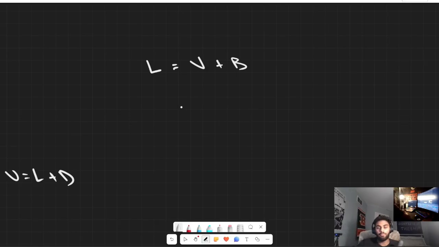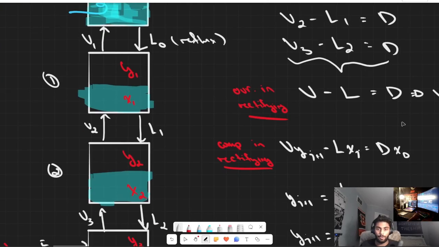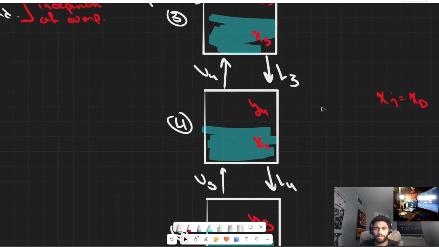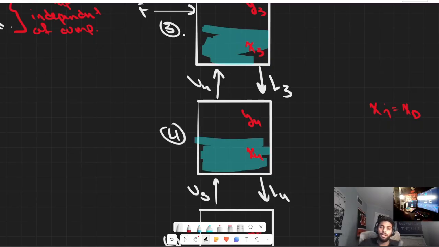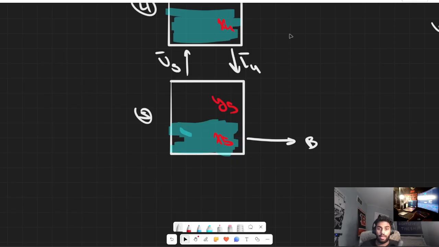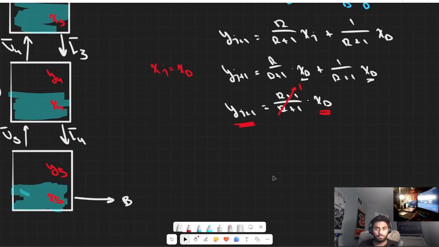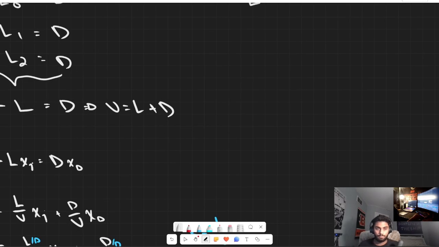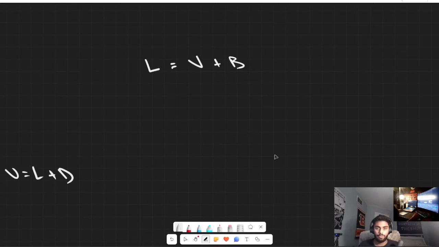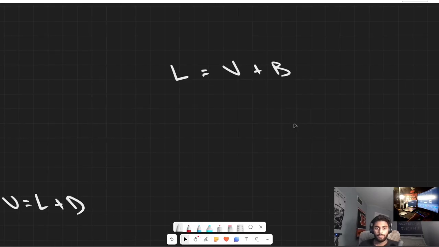But there is a bit of a nomenclature change that we have to have here. And it's very minor. It's just a notation thing. Whatever is below our feed gets a little bar to denote that these are streams that are going on below our feed. Not necessarily for the bottoms. That's just B. Okay, and then we can do a very similar thing.